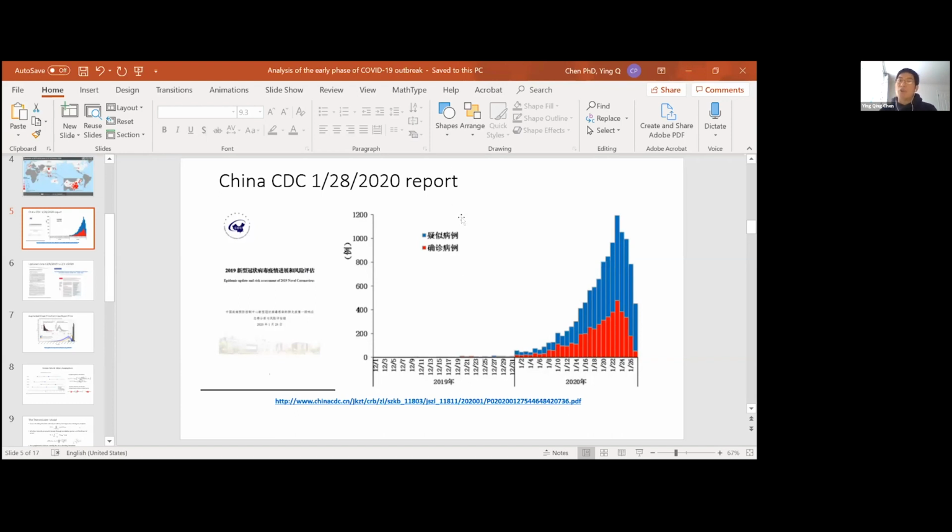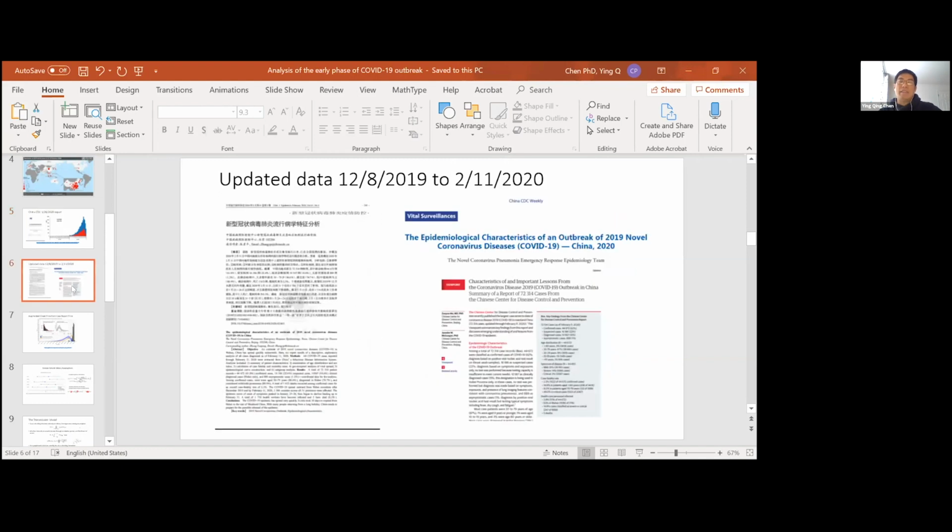So we waited for about a week, and we saw the epidemiological curve, and later on they updated the studies, and we were able to see more data through February 11th.